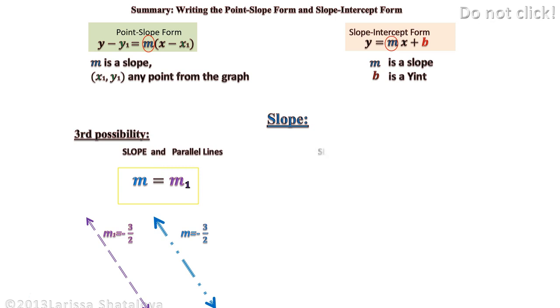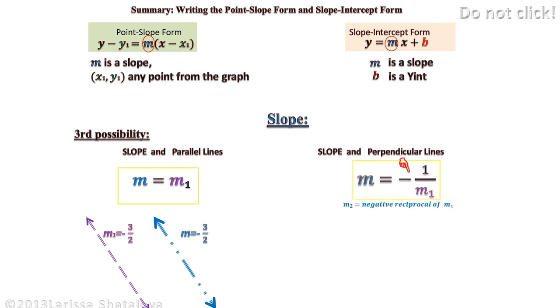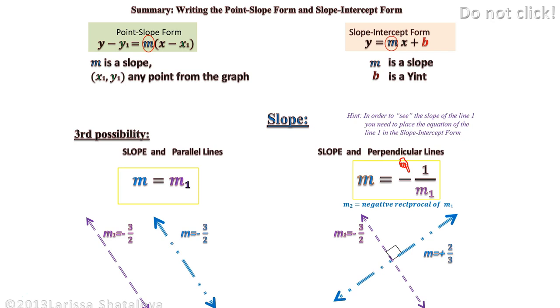And slope and perpendicular lines: we know that if we have two lines and they are perpendicular, then the second slope is the negative reciprocal of the first one. So if we have, for instance, a line with slope negative 3 over 2, then a perpendicular line will have slope positive 2 over 3.